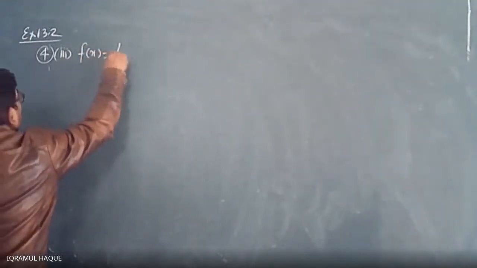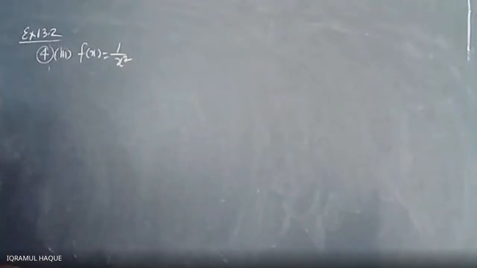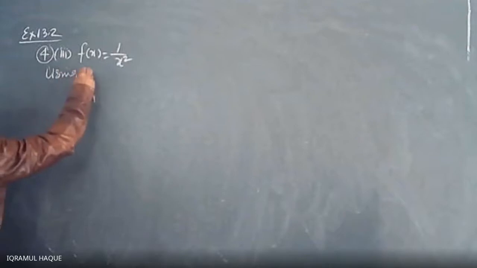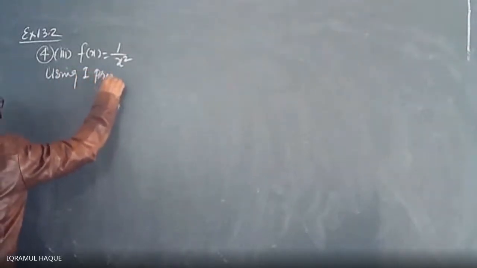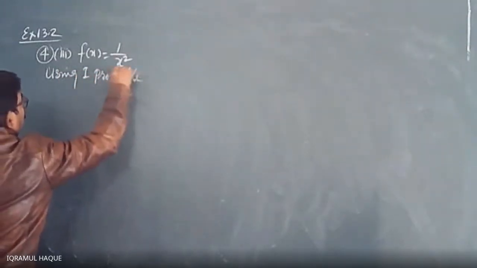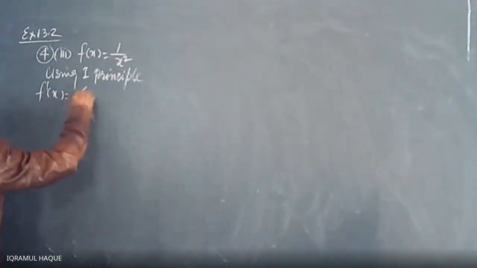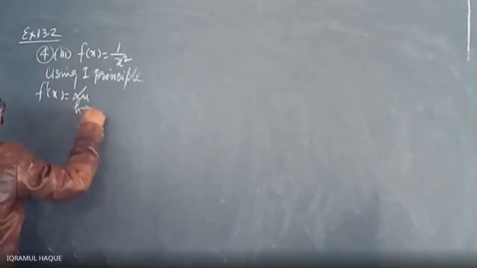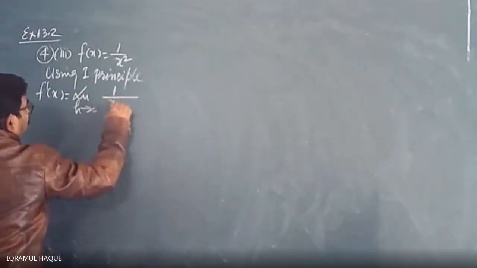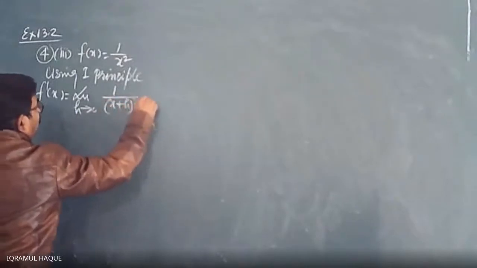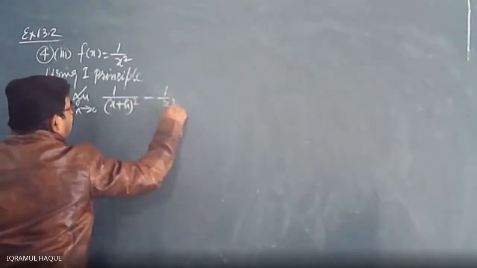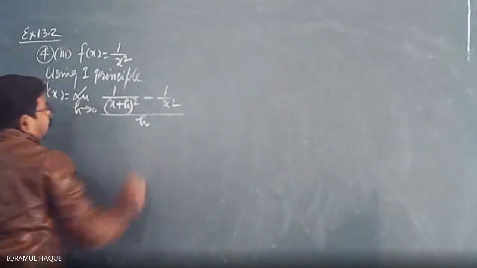f(x) is equal to 1 upon x square. Using first principle, f dash x is equal to limit h tends to 0, 1 upon (x plus h) whole square minus 1 upon x square, upon h.